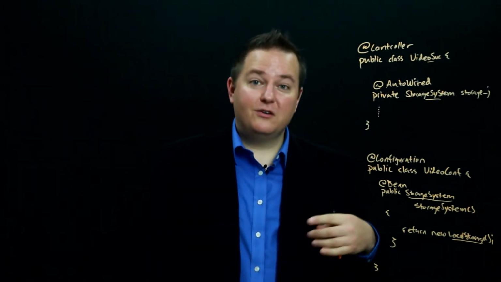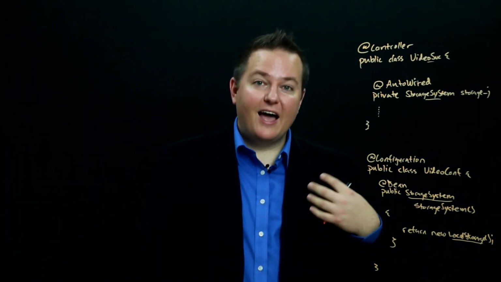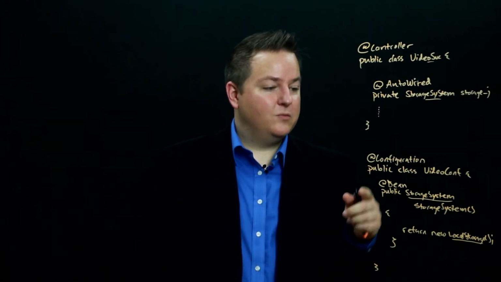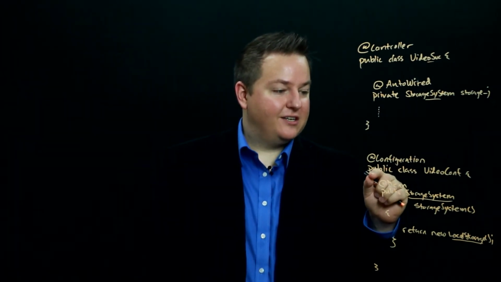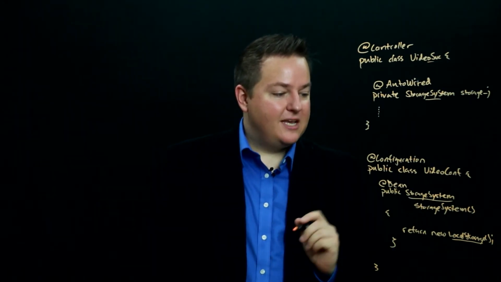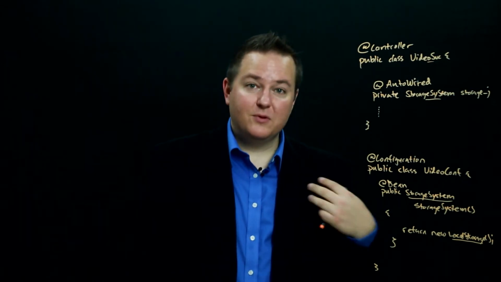And then in order to define for a particular application use case how we map those different implementations of storage system, we create an @Configuration annotated class, and we create methods with @Bean annotation to define and create the actual implementations.